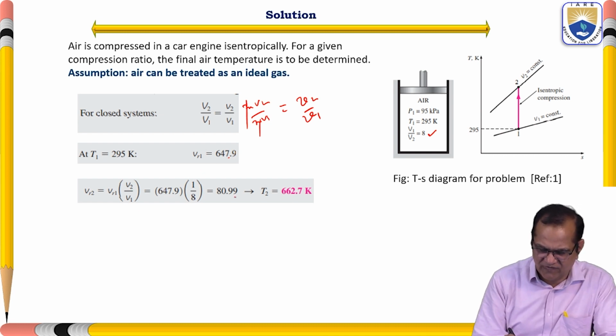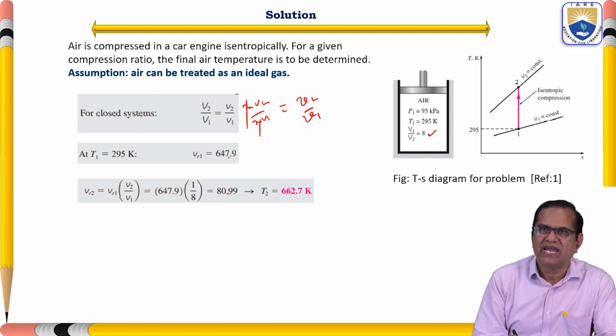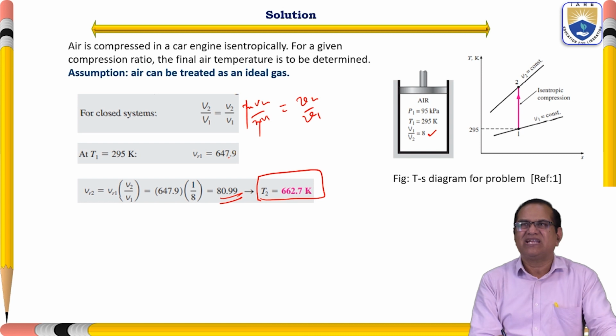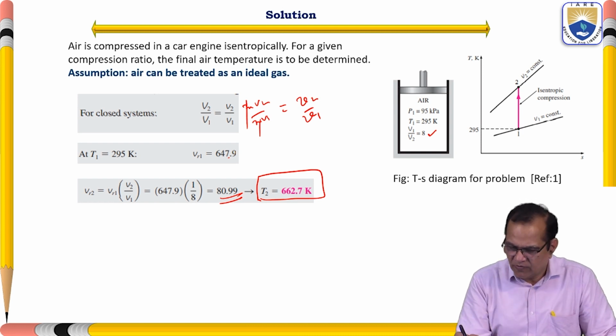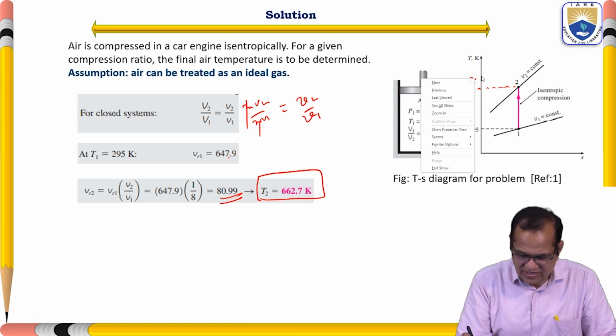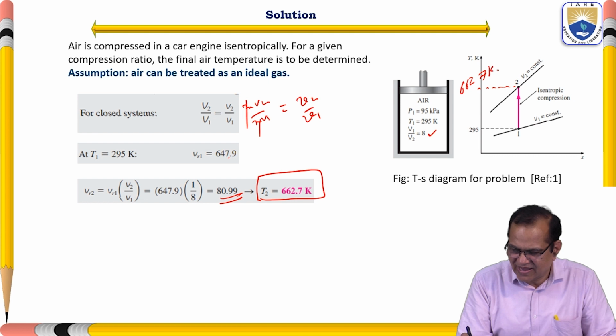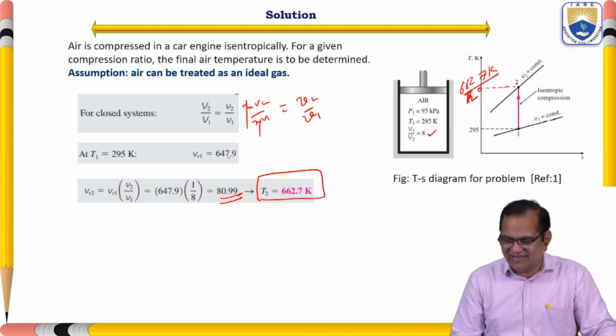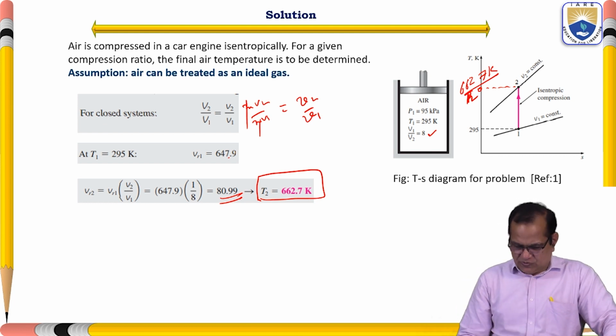So this vr2 is equal to 80.99, and from this we can get T2 is equal to 662.7 Kelvin. This is the T2. So from vr2 we can get the T2.